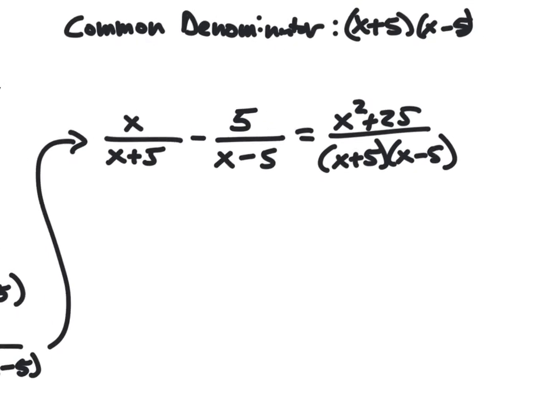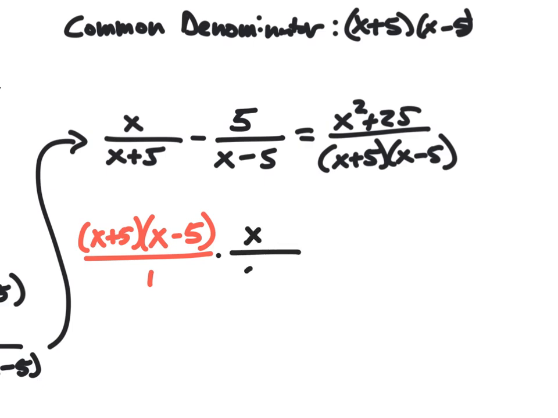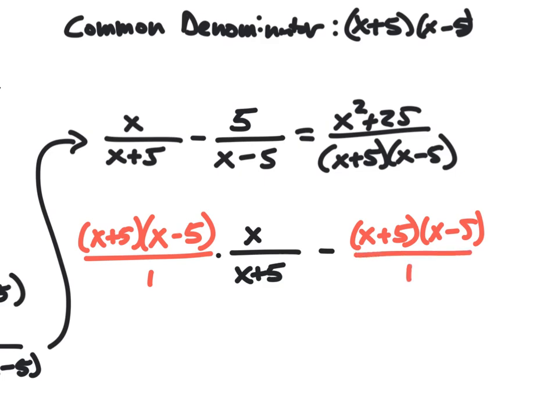If I do x plus 5 times x minus 5, over 1, and multiply that by x over x plus 5, let me do that. And then minus, let me do x plus 5 times x minus 5, all over 1, and then multiply that by 5 over x minus 5.